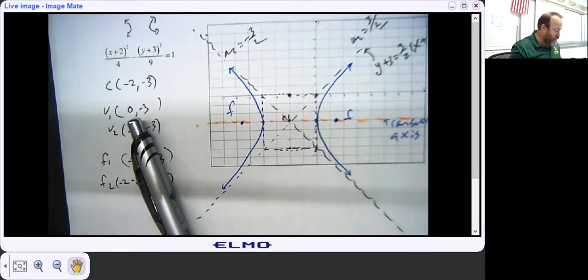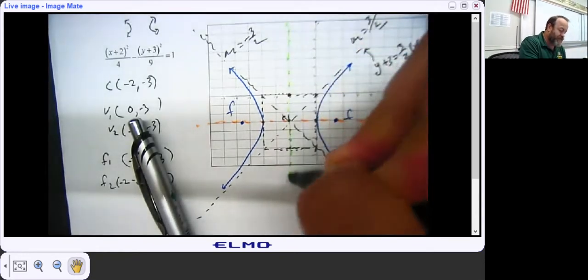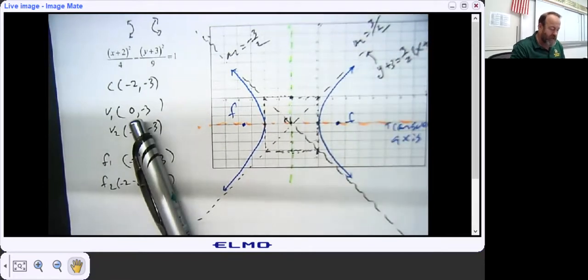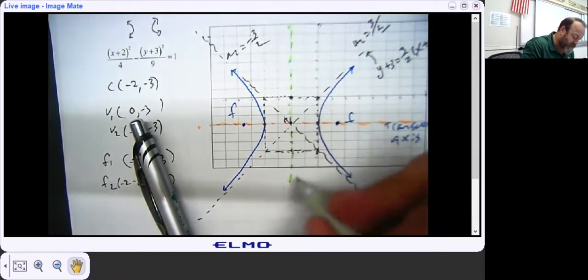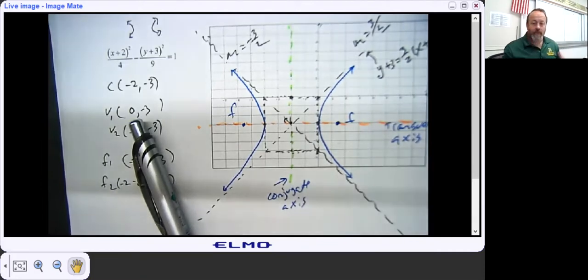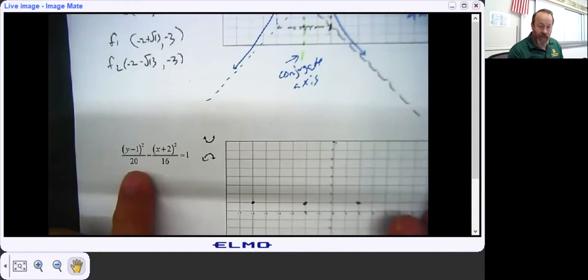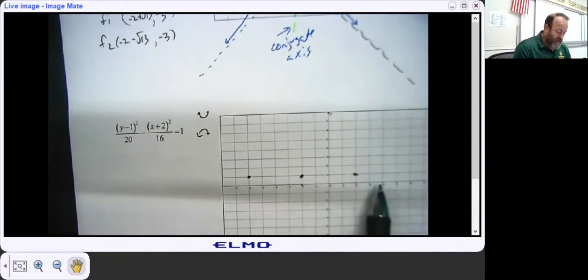And the other one that kind of just cuts through and goes through outer space, but actually still has information about the center on it, as well as the rise as part of that asymptote, is called the conjugate axis. Keep in mind the transverse axis is always going to be the one in the open direction. So the transverse axis for this one is going to be up and down. This one's going to be the conjugate axis.